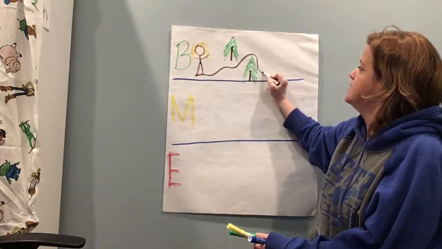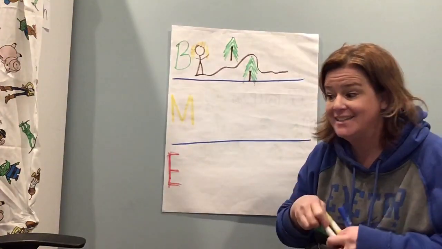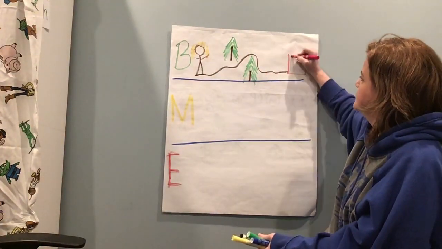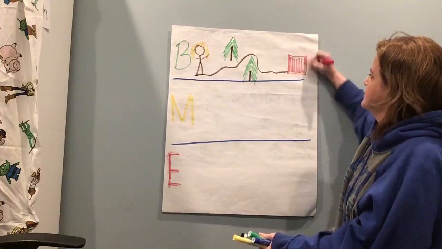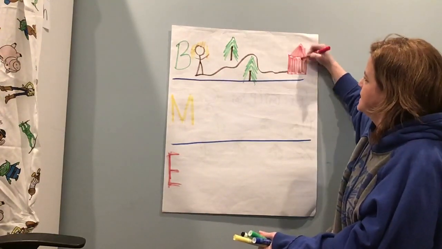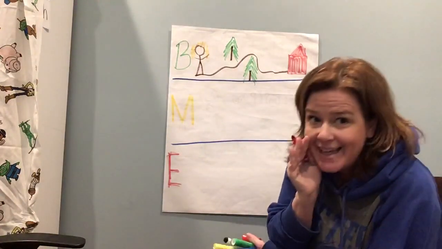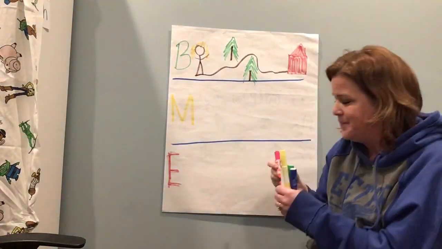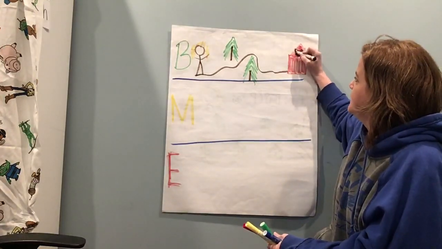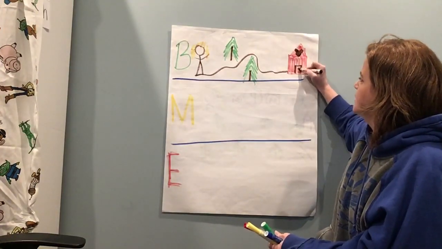Oh, look at these beautiful trees. And she finds a house. Now, what you're going to say is, Mrs. Firestone, that looks like the same house that's in your setting. I know, it is, because I can use the same one. So I'm going to put this bear up here, put my door up here.